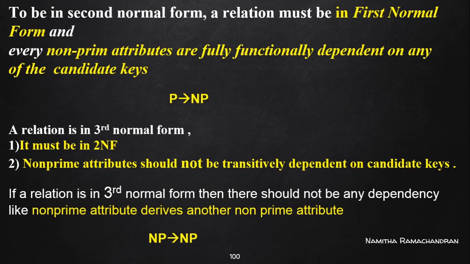We have some more possibilities for dependencies in the given relation: a prime or non-prime attribute deriving another prime attribute. In the previous cases, the RHS is always a non-prime attribute, but we have one more possibility like this.